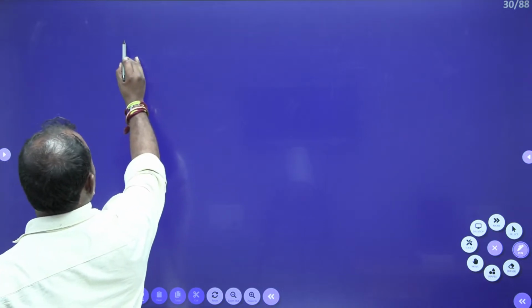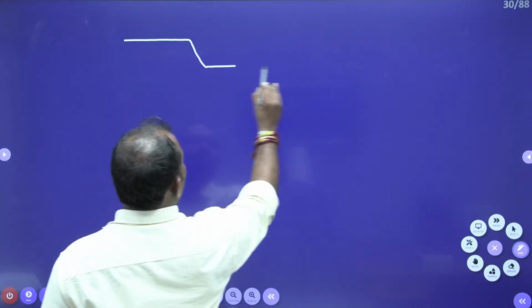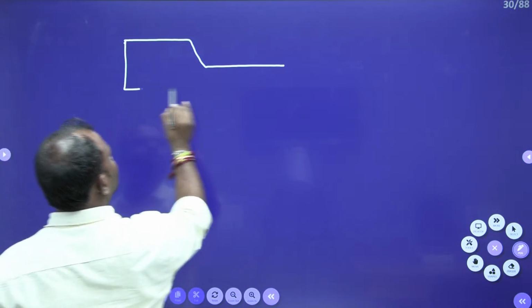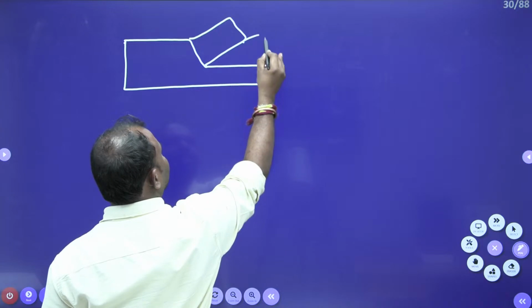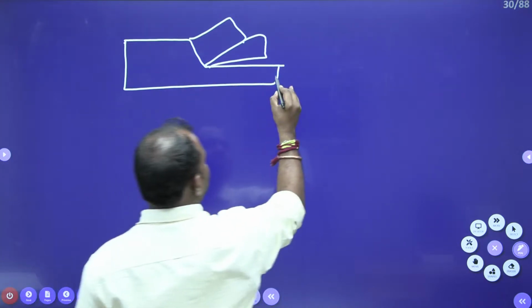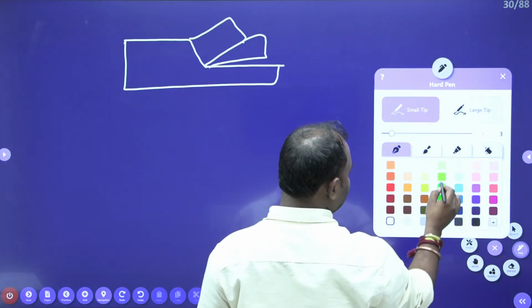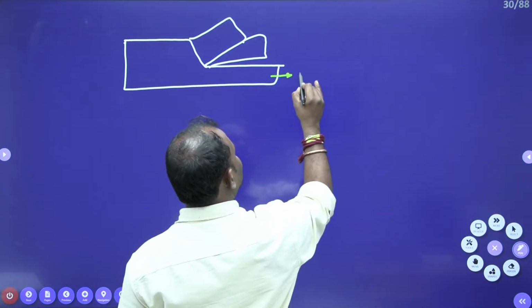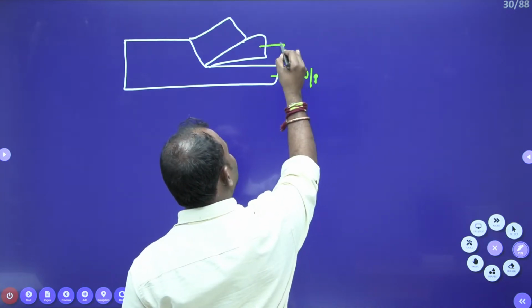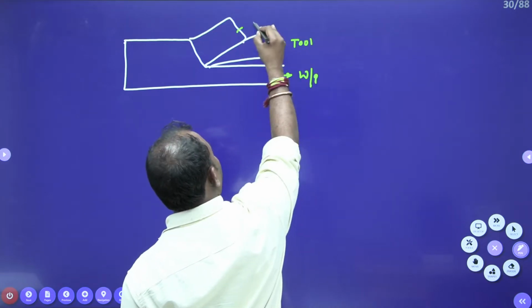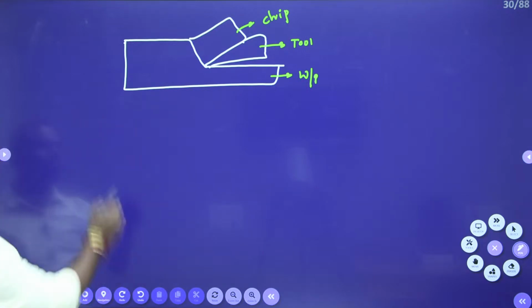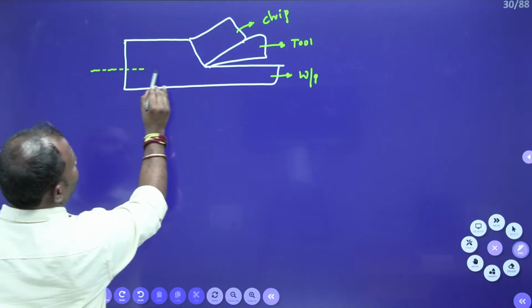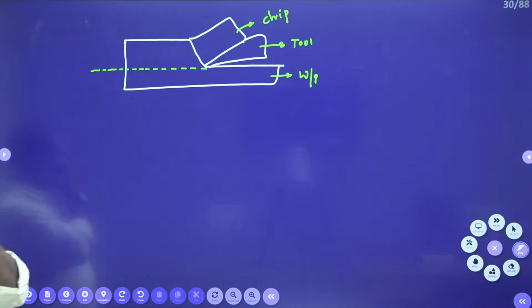If I take a simple diagram, as you know, there is the workpiece, the tool, and then the chip.